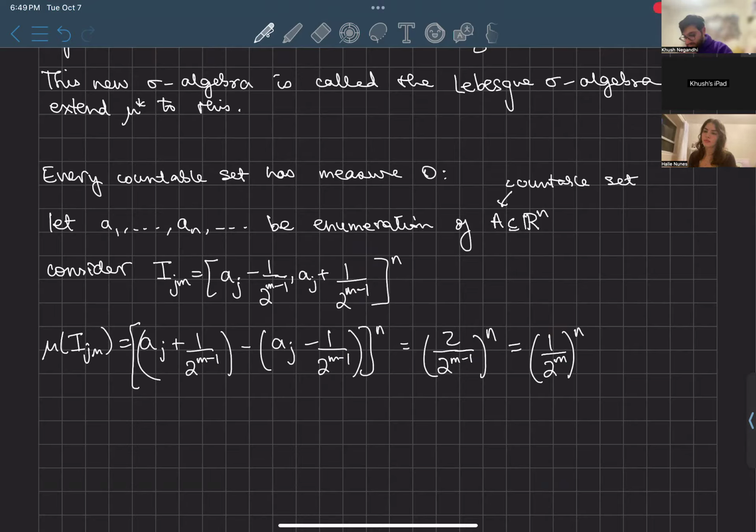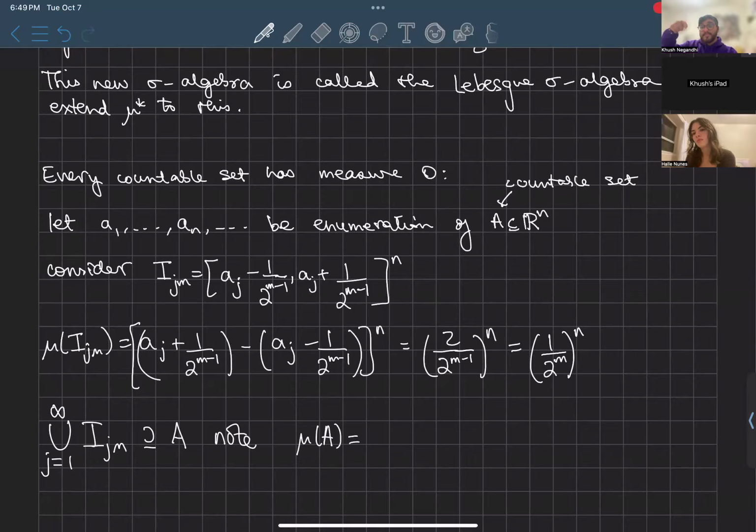Now, the union as j goes from 1 to infinity of these I, j, m's contains A. Why? Because it contains a j. And now note that the measure of A was defined to be the infimum of something.